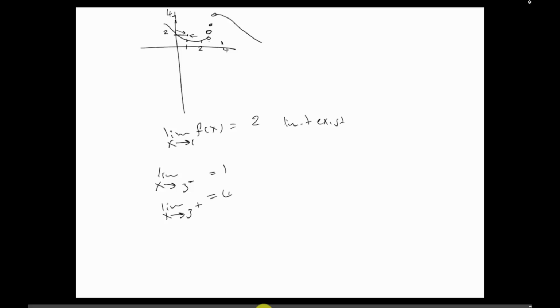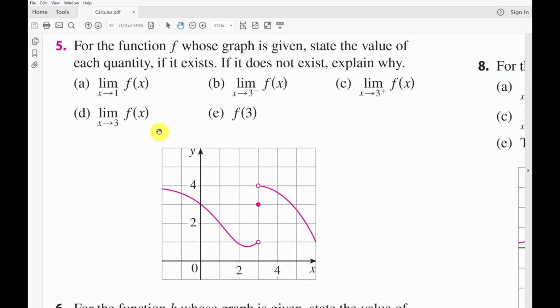So we said, since the limit as x approaches 3 from the left side doesn't equal the limit as x approaches 3 from the right side, this means the limit as x approaches 3 does not exist, which was the 4th requirement in this question.